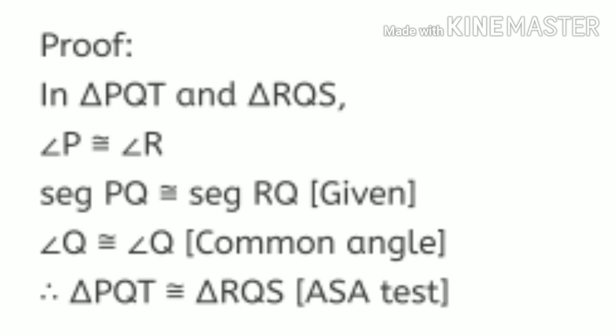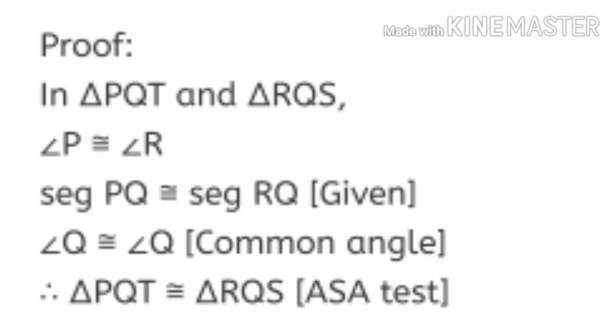First of all, the two triangles are triangle PQT and triangle RQS. Angle P is congruent to angle R, given, and segment PQ is congruent to segment RQ, given, and angle Q is congruent to angle Q, common angle. So therefore triangle PQT is congruent to triangle RQS by angle side angle test, that means ASA test.